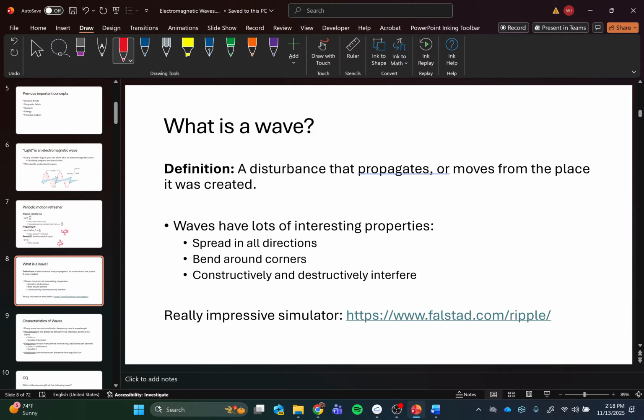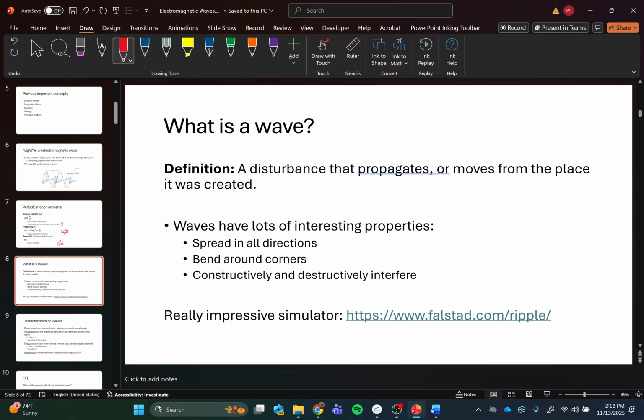They bend around corners. This is also something you all know, whether or not you realize it. If your door is slightly cracked and the hallway light is on, your entire room gets slightly lit up. It doesn't act like a laser and go through only in a very finite path. The whole room gets slightly brighter. Why? Because the light bends around the corners. It constructively and destructively interferes with itself.